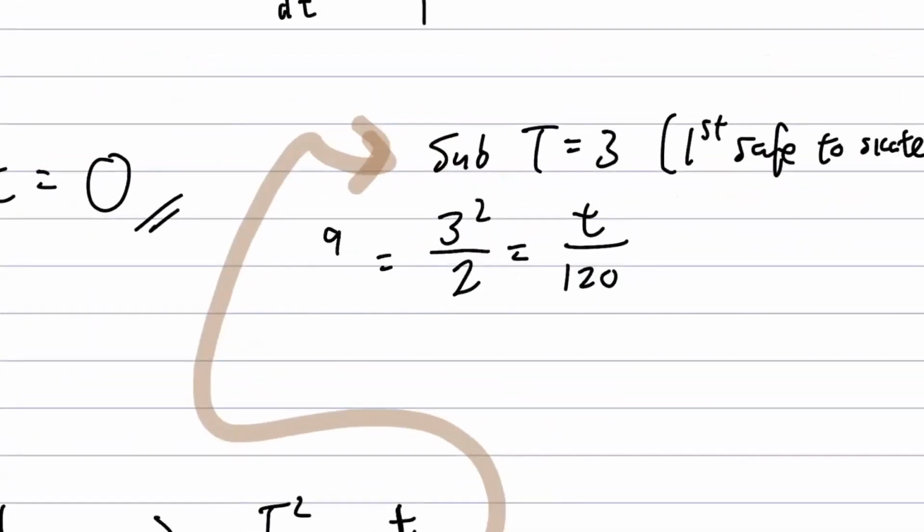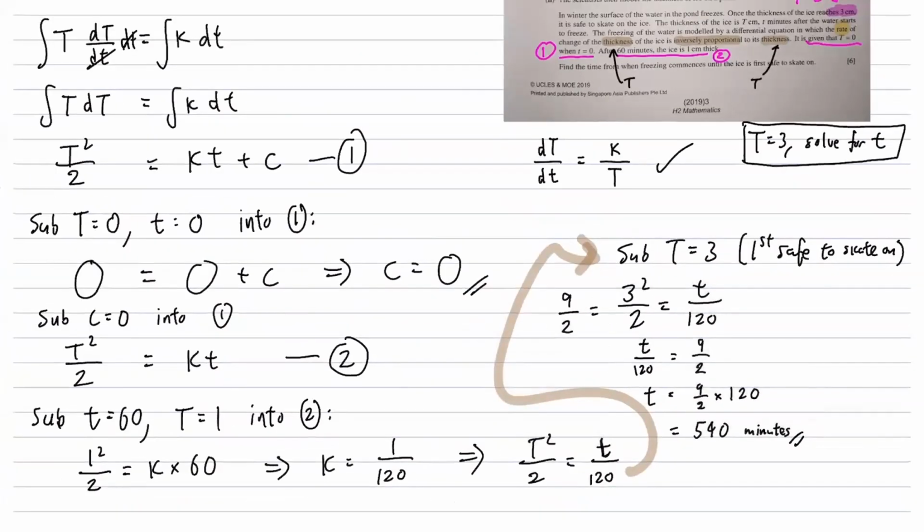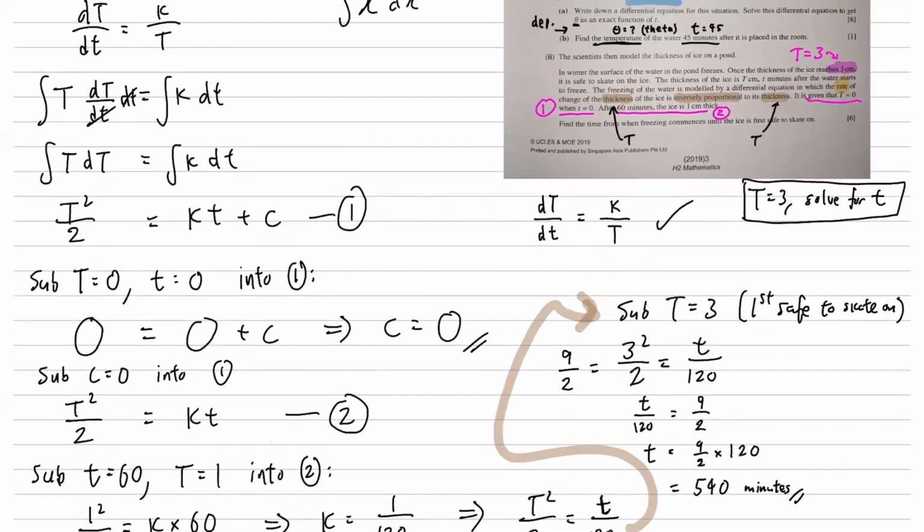Simplify, 3 square is 9 over 2. Then 9 over 2 equals t over 120. Maybe I rewrite it like this: t over 120 equals 9 over 2. Then times 120, so 540. Can? Can. Okay, good.